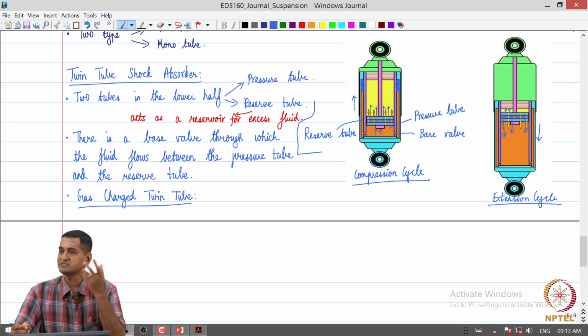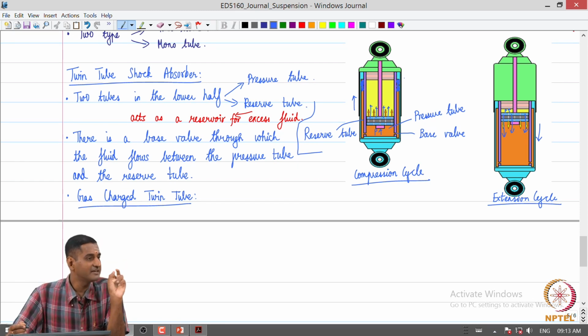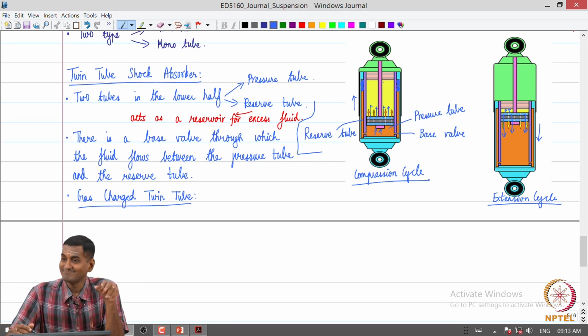The purpose of this nitrogen gas is to ensure that the oil is not leaking from the twin tube assembly during operation. Please note that with operation, the tubes are going to be displaced relative to each other, and there is also heat energy which essentially needs to be dissipated.